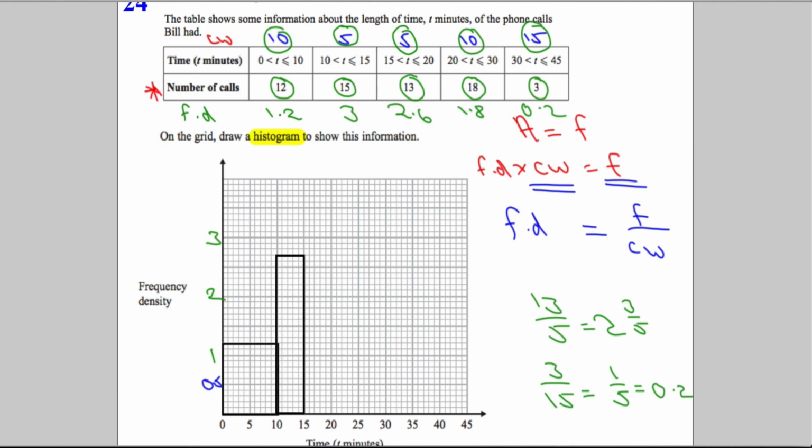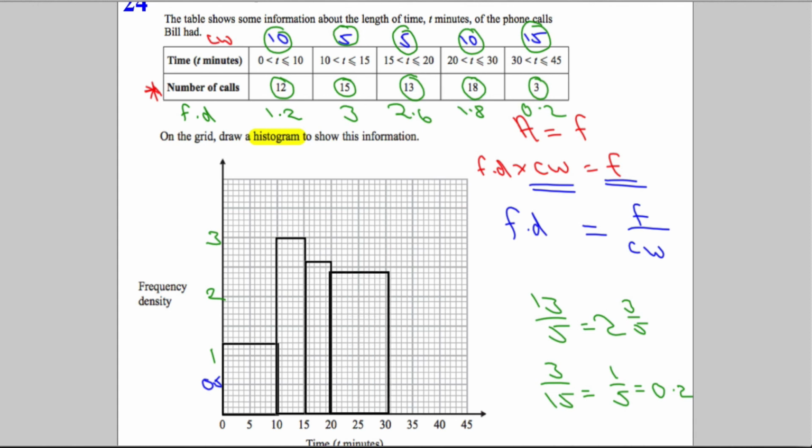So like so. Then we've got to go up to 2.6, and the bar width is going to be 5 again. Let's see, there's 2.5 there. 2.6 is going to have to be there. Bar width of 10 and up to 1.8.